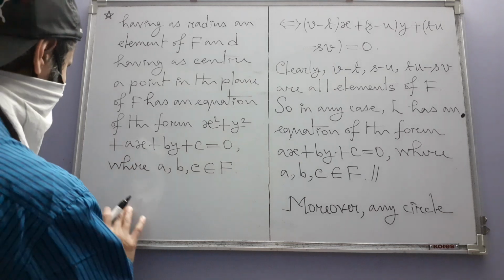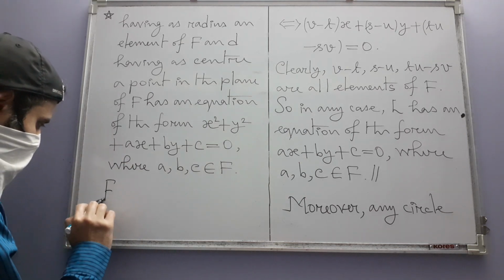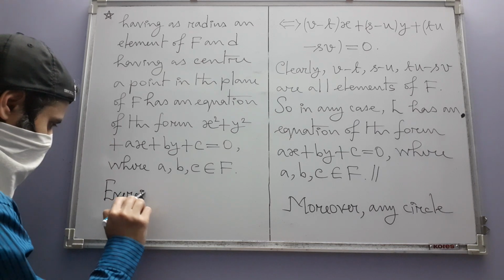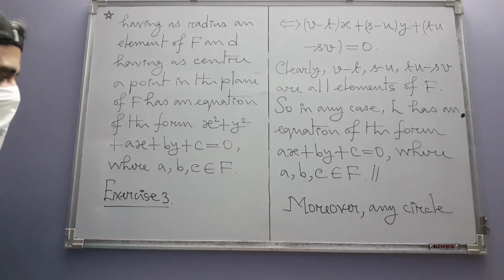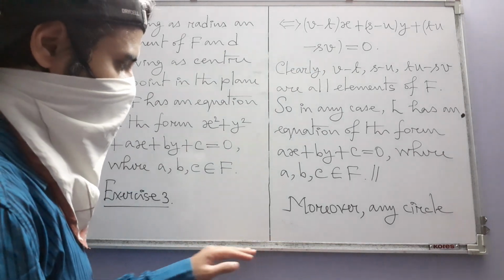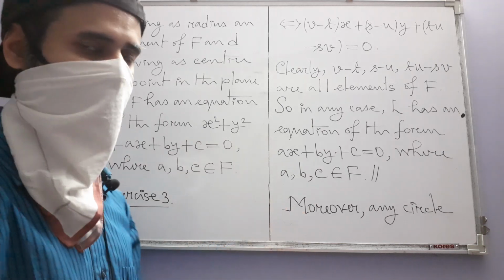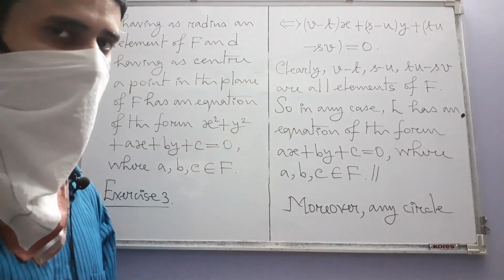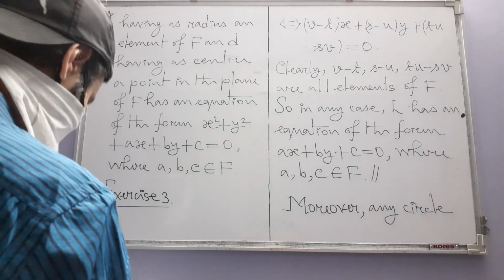Now this is also one exercise and we are going to solve it now. As we progress through the section, whatever issues arise, we solve them then and there itself. So this is exercise 3.